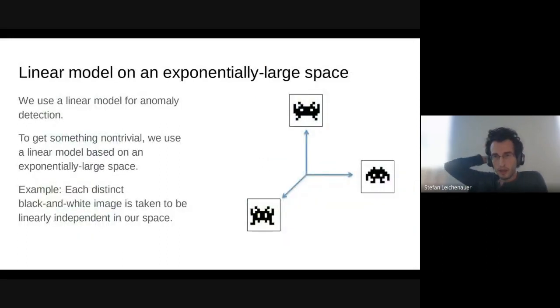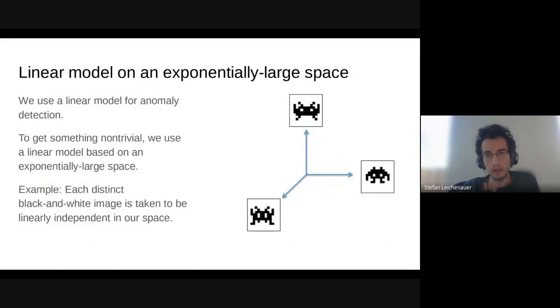So rather than use some kind of nonlinear, deep learning style model, we're just going to use a linear model with a bit of a trick or a twist. It's a linear model on an exponentially large space. Linear models are simple, but when you use an exponentially large space, you can get something very non-trivial.